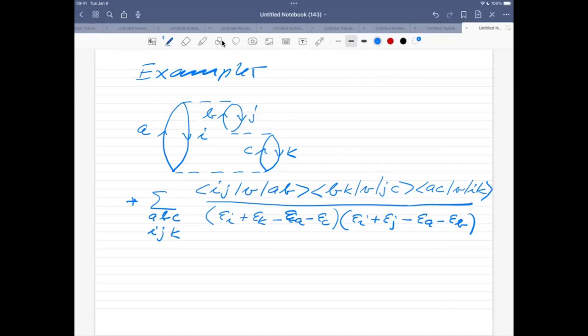Tomorrow, we are going to look at more examples, and we are going to look at the rules for finding the number of hole lines and loops, and understand why we get these factors of -1 for each hole line. And then we're also going to look at the derivation of the number of equivalent pairs. And when we're done with that, we're going to look at something which appears in Rayleigh-Schrödinger perturbation theory and also in coupled cluster theory, which is linked diagrams.